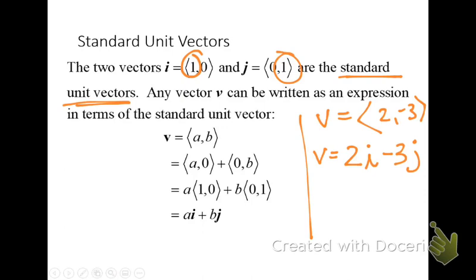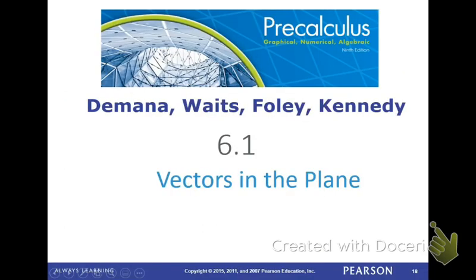So let's practice one or two of these, and then that'll be our lesson for today, and you can go look at the online homework. Let's look at the vector 3, 6.